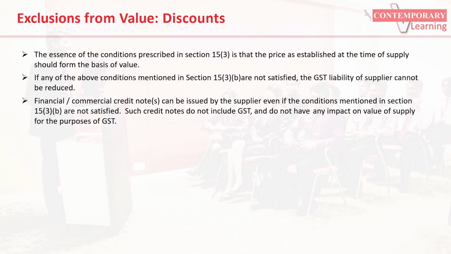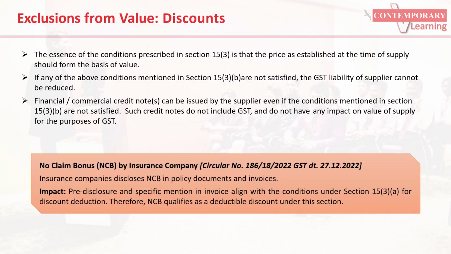An interesting clarification comes from insurance companies' no claim bonus. Insurance companies disclose NCB in policy documents and invoices. Since this involves pre-disclosure and specific mention in the invoice, it qualifies as a deductible discount under Section 15(3)(a).